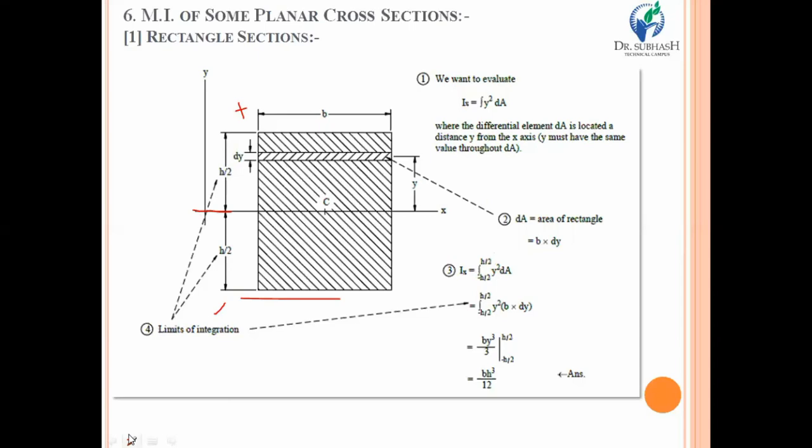Of course, you have to multiply the area by the distance squared in order to calculate the moment of inertia. So this is y squared times the area that we have already calculated. By putting the value of area over here, you will have this relation, and ultimately by making an integration, you will find the moment of inertia of the rectangular section about the centroidal axis. It will be b h cubed divided by 12.